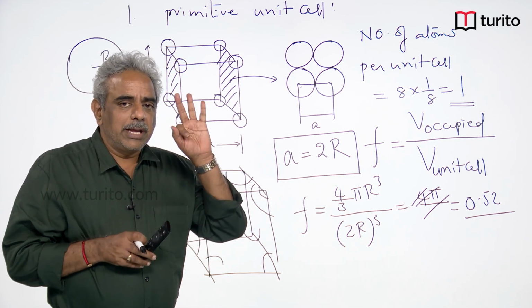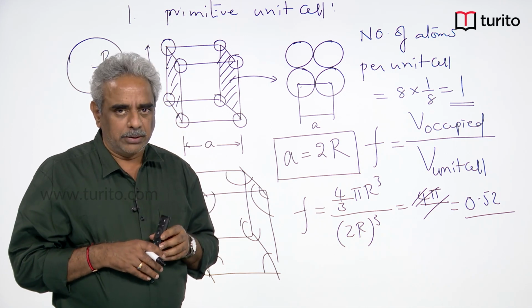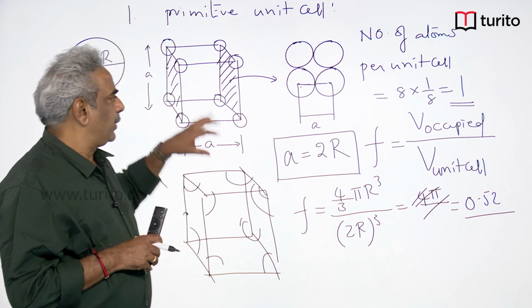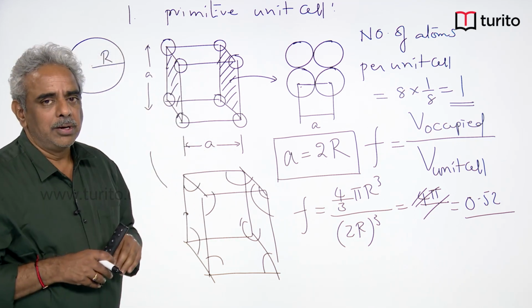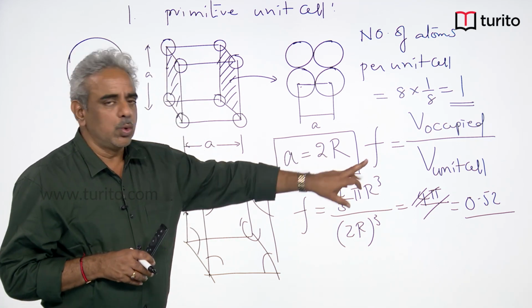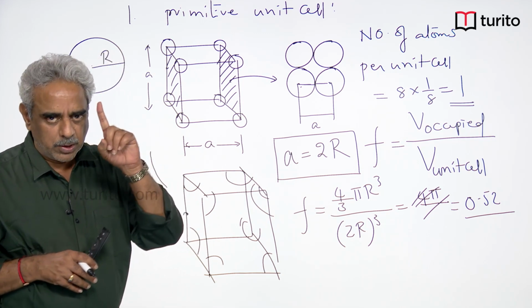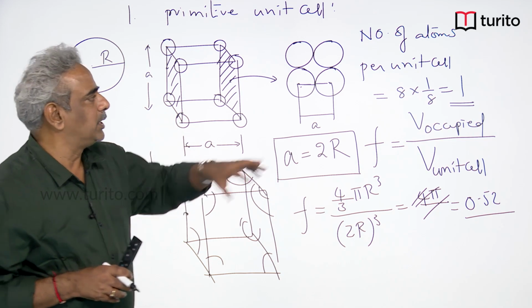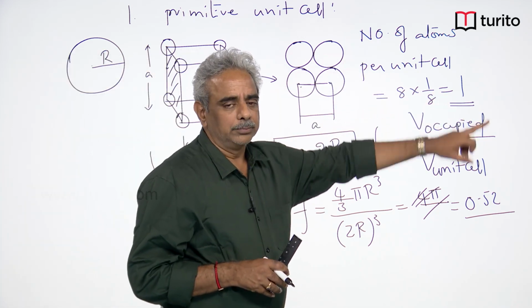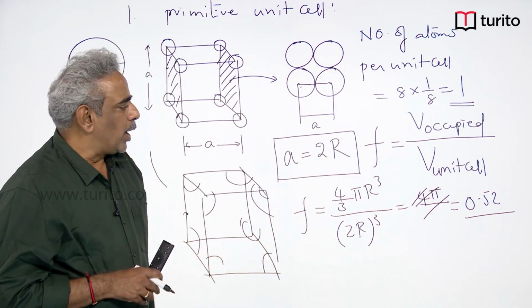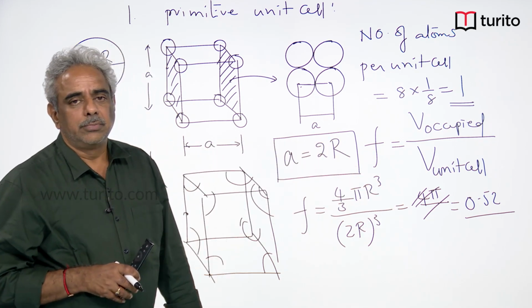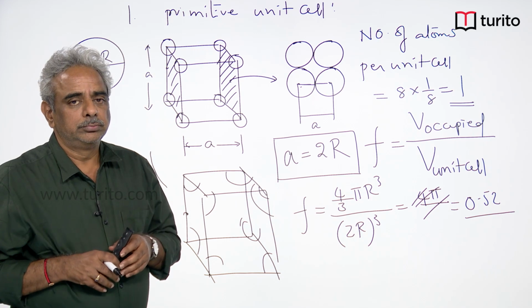So what are the three important points you should remember as far as the unit cell analysis is concerned? Point 1, the primitive cubic unit cell edge length covers 2 radii. Point 2, the number of atoms per unit cell is 1. Point 3, what is the fraction occupied? 0.52.